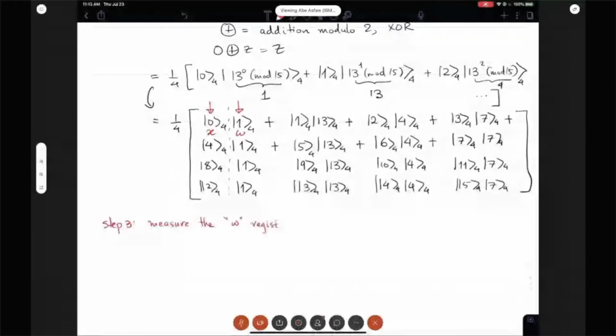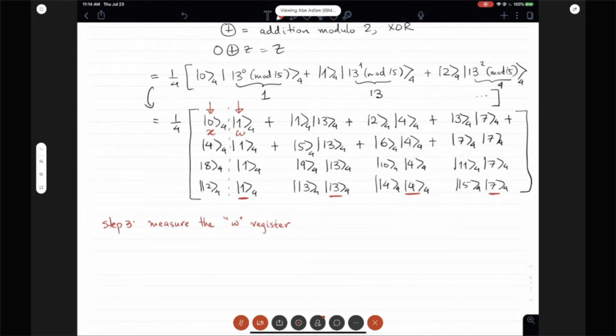What are the outputs? What do you think happens if you do the measurement of the W register? I think it's very good to pause for a second and think about what the outputs are. And I hope you're not surprised if I tell you the outputs of W, if you were to measure it, are either 1, 13, 4, or 7, right? There are no other outputs. In this case, you can only get those 4 outputs.